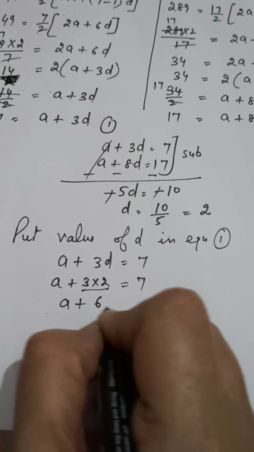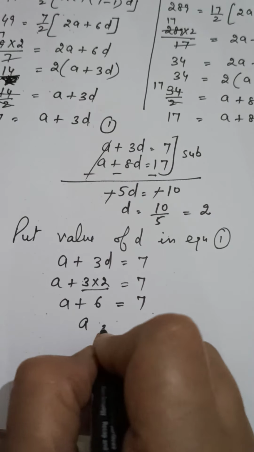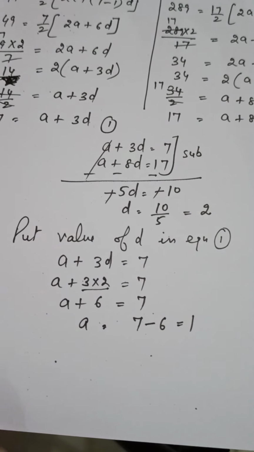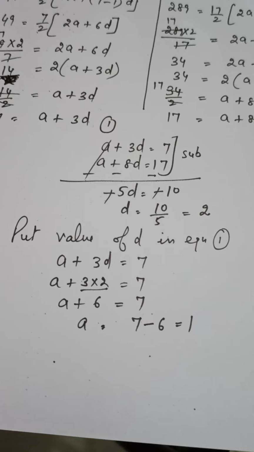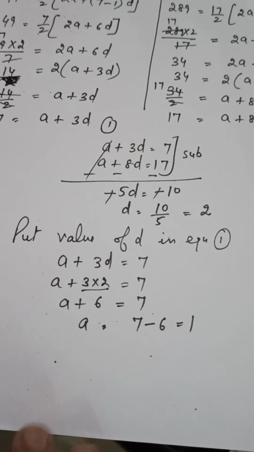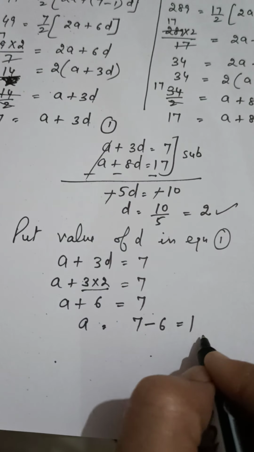A plus 6 is 7. Then what is a? 7 minus 6, 6 moves to that side, it is plus, so convert it into minus. We get a is equal to 1. D is equal to 2, a is equal to 1. These two values we have found out.